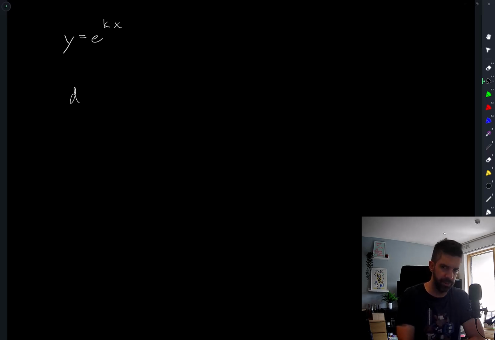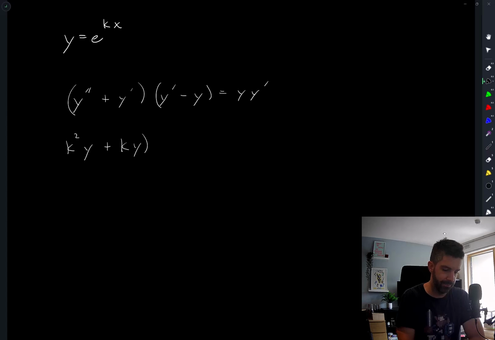So let's write this out. I'm not going to write d squared by dx and so on. I'm just going to write this as y double prime plus y prime times y prime minus y is equal to y times y prime. Okay, so y double prime is k squared y, y prime is ky, y prime again, ky, minus y, and this is equal to y times ky.